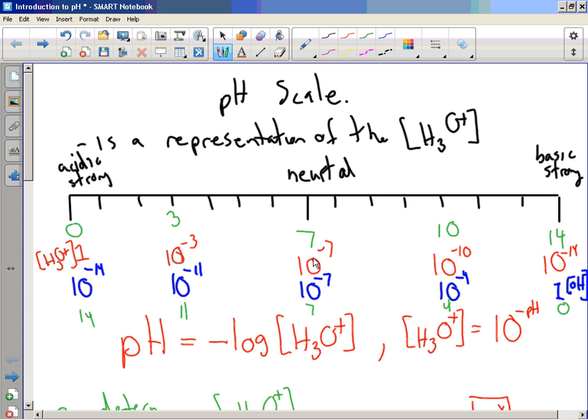But we do need to still flip it back to pH. Take a look at this relationship between pH and pOH. If this is my pOH scale down here, notice pH, pOH, pH, pOH, pH, pOH, pH, pOH, and there it is there. What's true always about the pH and the pOH? Yep. They always add to 14.